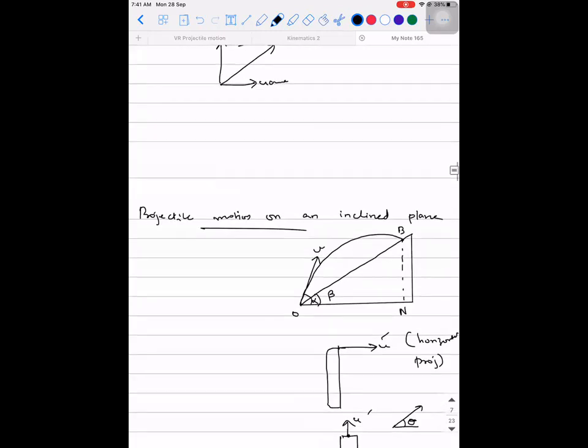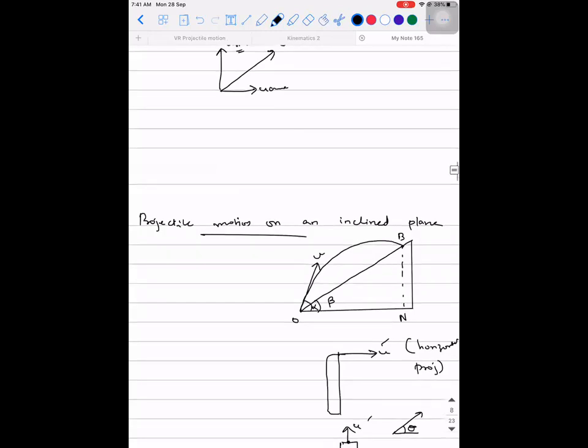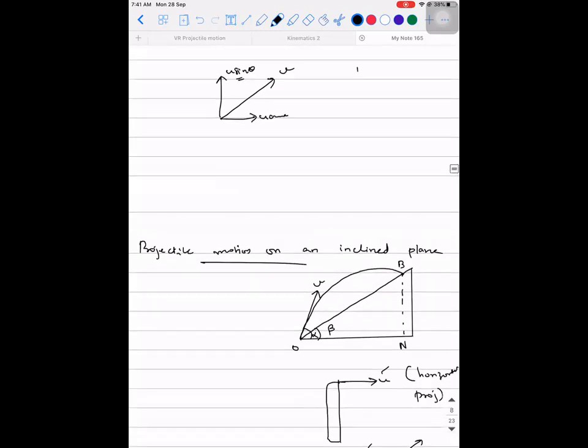In physics, we have the option to choose. For example, wherever you deal with problems along the horizontal plane, you can take the horizontal direction as x and the vertical direction as y. Whereas when you have an inclined plane, what will we do? I'm sure you would have solved some problems based on inclined plane and Newton's laws.